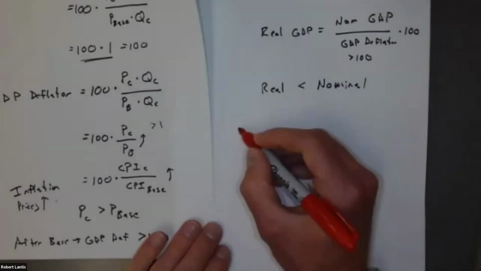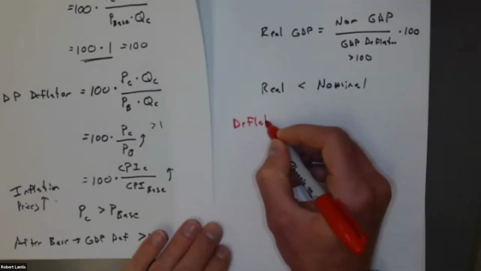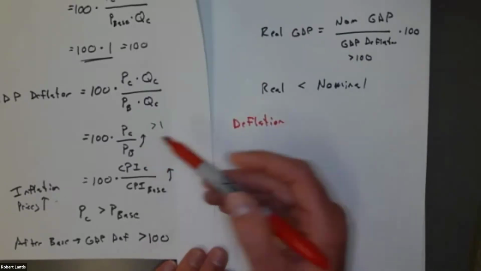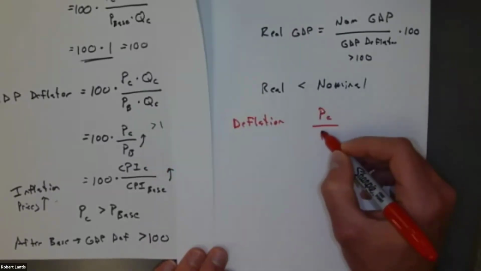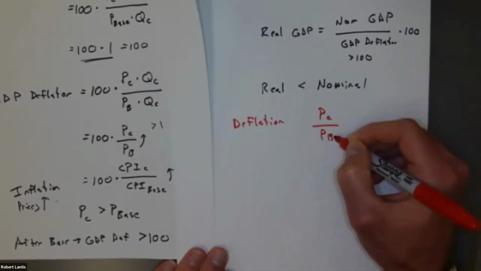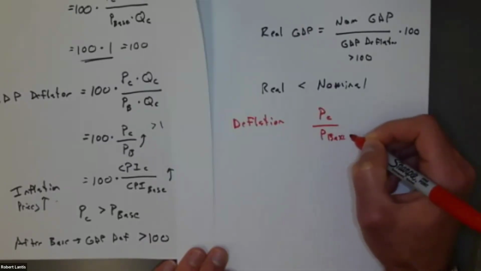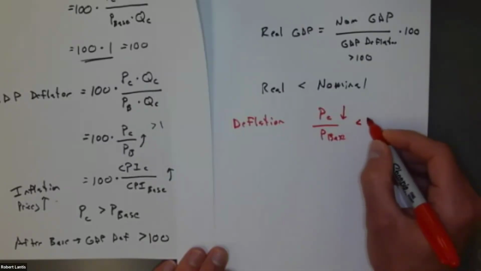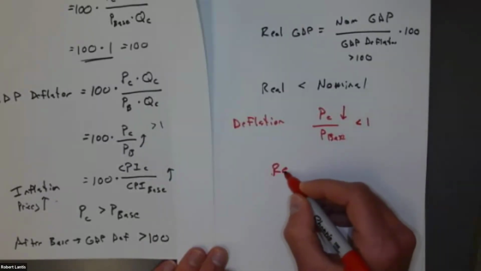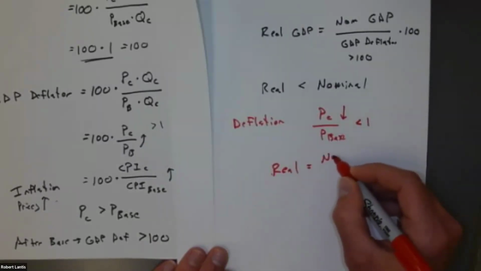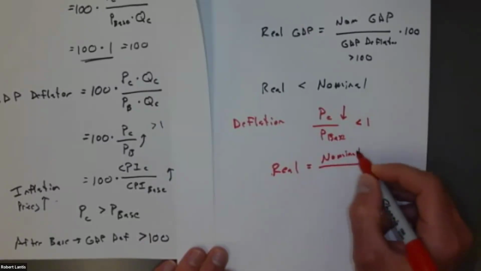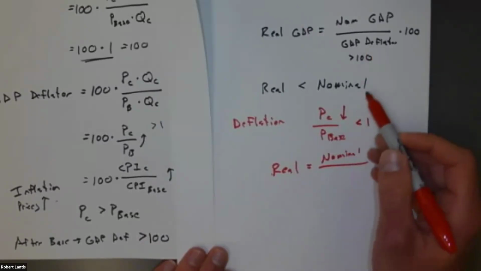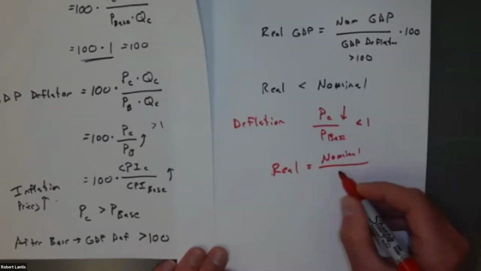Now, if I instead have deflation, I can think about my relative prices, so the current over the base year. If prices are decreasing, that means that this numerator is now lower. This fraction is less than 1. So if I'm thinking about my real GDP and my nominal GDP, and I'm now dividing by this GDP deflator, I can think of this as now less than 100.